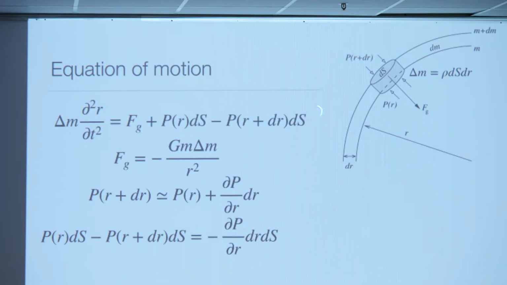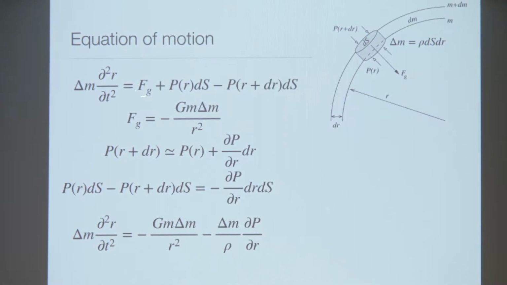Put this one to here, and then you can get this term, and that makes this original equation as this. So this gravity force was this one, so we put this. Then this second and third term just became this one, so that came here.